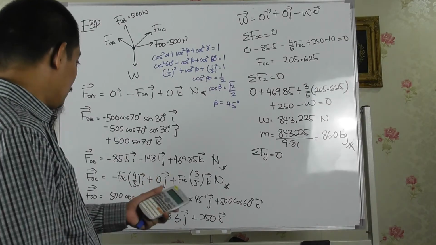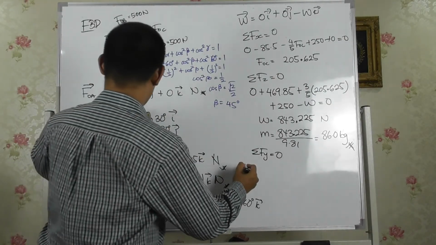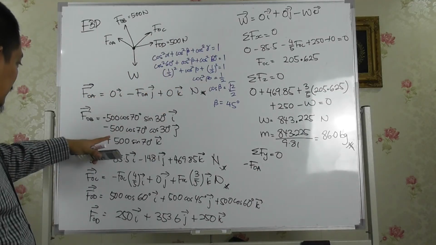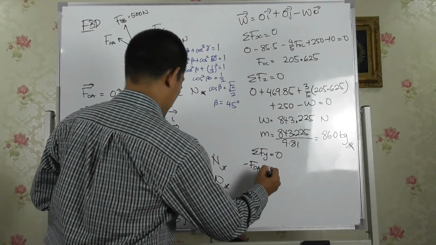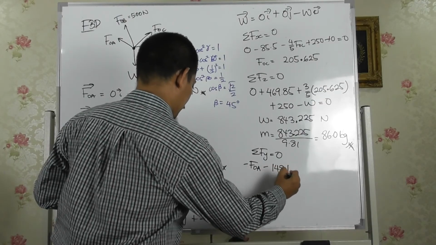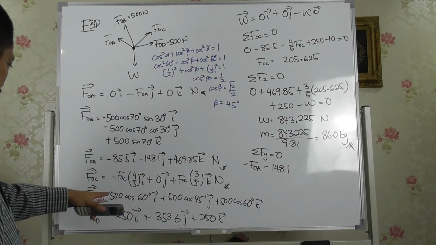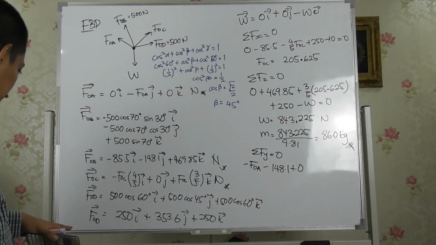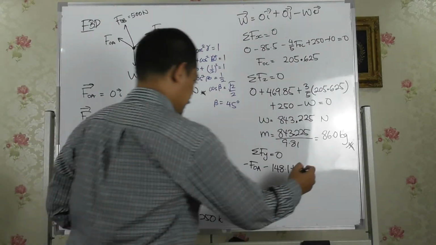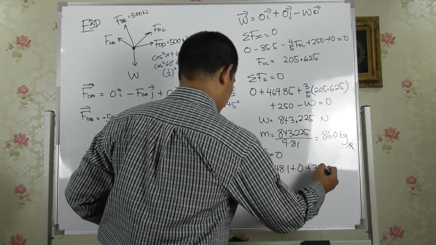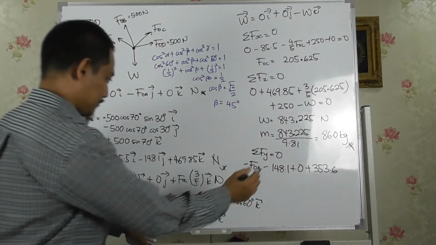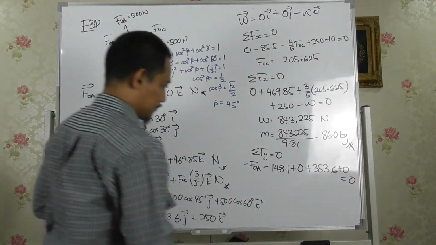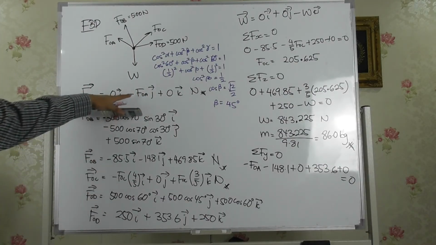Hopefully nothing is wrong. Okay, so here you have minus FOA for summation of Fy, right? And then minus 148.1 plus 0 plus 353.6 and then plus 0 equal to 0, right?